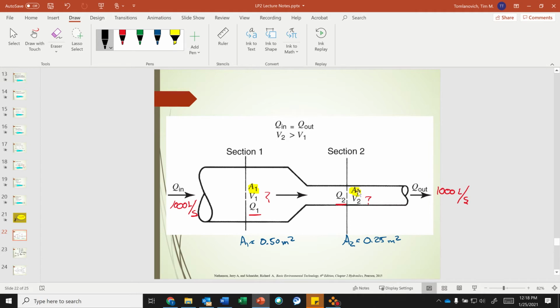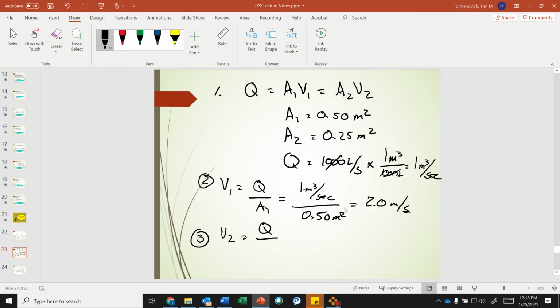The area is getting smaller, so that means my velocity is going to get higher than at A1. V2 equals Q divided by A2, so that equals 1 cubic meter per second divided by, oops, I gotta use area 2, which is 0.25 square meters, and then I get 4.0 meters per second.